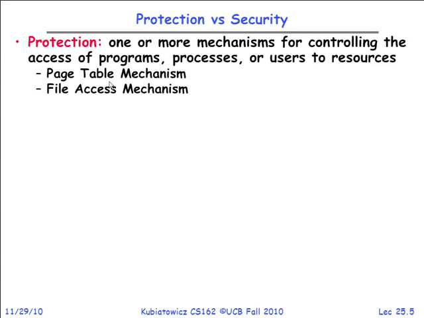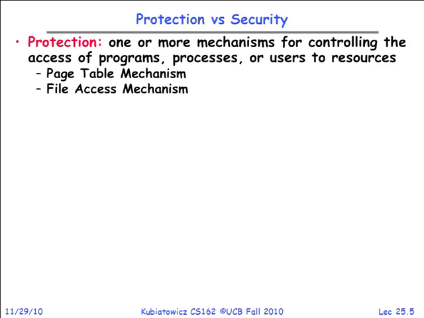These are mechanisms, and it's up to a policy layer to decide how to use them to enforce some policy. If you remember, with the page table mechanism, one policy we had the very first day of lecture, I know you can remember that far back, was that a process is never allowed to overlap the memory of any other process. That was a policy, and as a result, you got a level of security out of that.